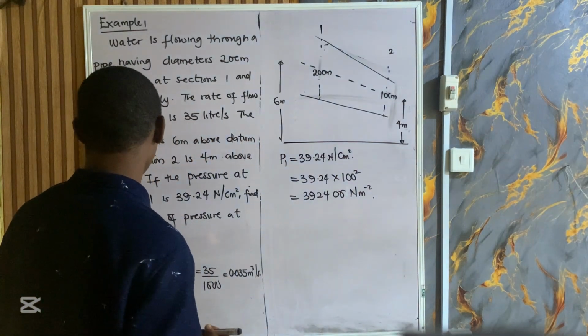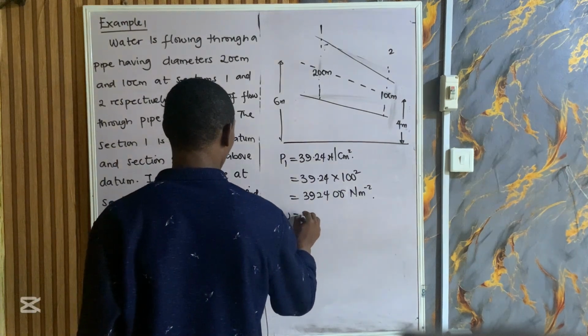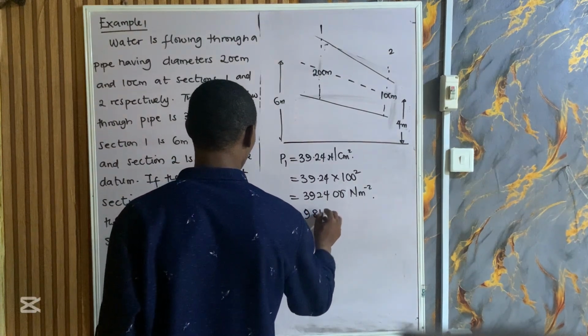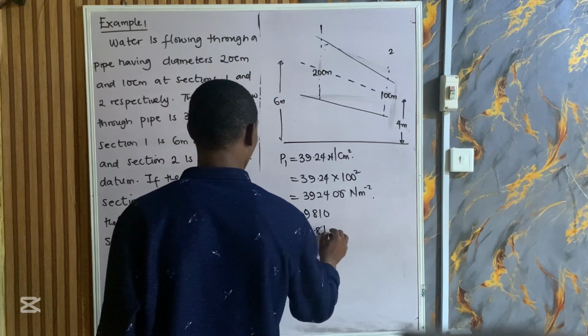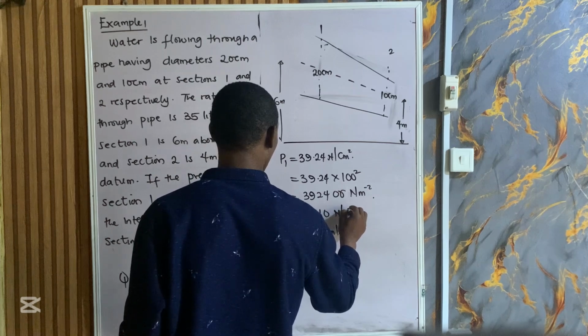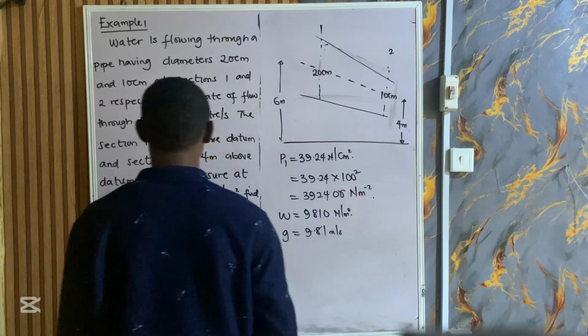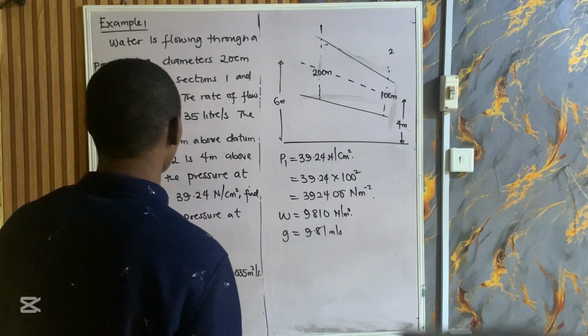What other parameter are we not given? Well, we know that the specific weight of water is a constant 9810 Newton per meter cube, and g is gravity, which is 9.81 meter per second squared. So now let's calculate the area of each section.